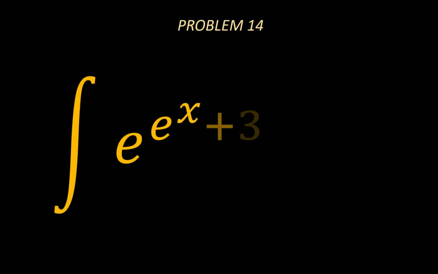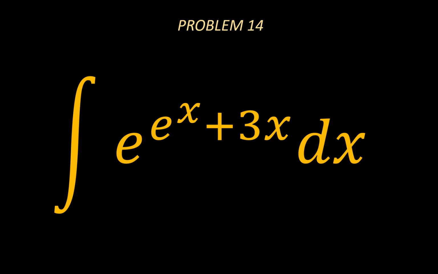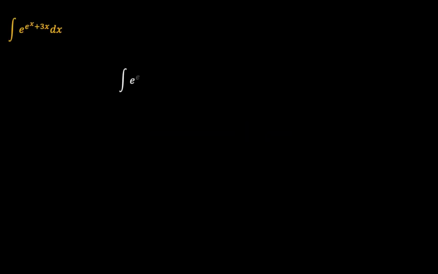Problem 14 is the indefinite integral of e to the power x plus 3x. I can try to rearrange this problem a little bit, and how I do that is using the rules of exponents.